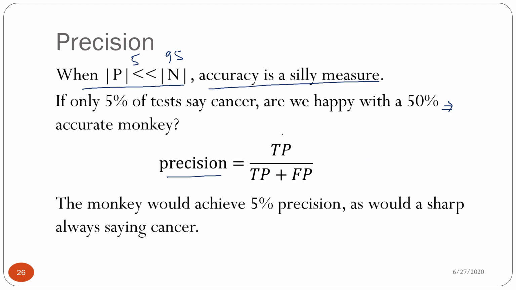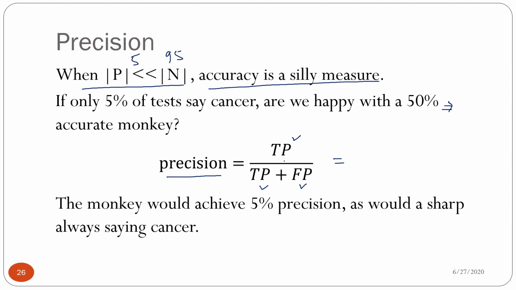Precision is formulated like this: the true positives divided by true positives plus false positives, which means that out of those samples that you're marking as positive, how many are really positive. What is a false positive? You are wrongly claiming some samples to be positive. What is a true positive? You are correctly identifying some cases as positive.